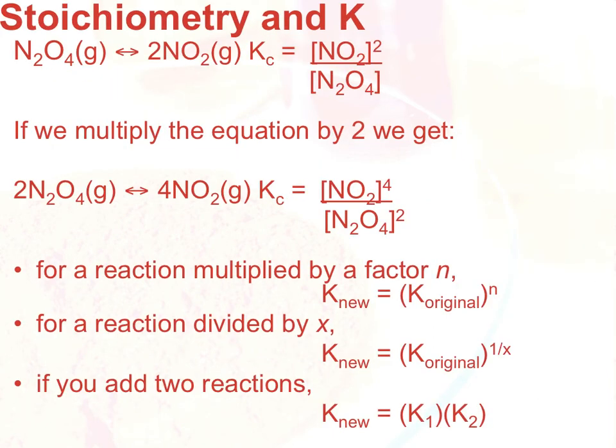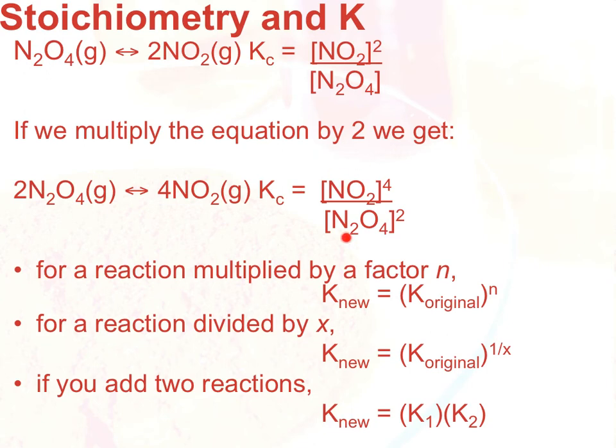So we have a few more shortcuts to look at with respect to taking advantage of the relationships found with K and stoichiometry. Okay, so if we take this reaction here and we write our equilibrium expression, we know that we could subsequently plug in some numbers and find what our equilibrium constant is for this specific reaction. Now, if we multiplied this same equation through by 2, we would definitely, of course, expect to get a different equilibrium expression with different values.